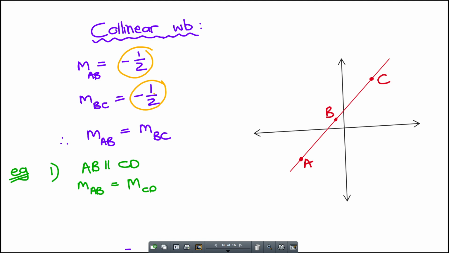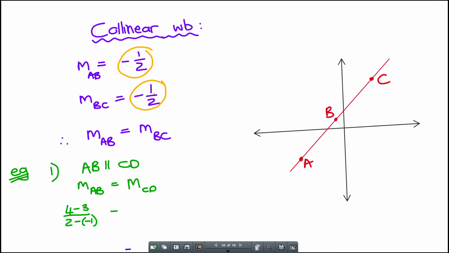Nee. Okay, so nou gaan ek dit gebruik. How would I have worked out the gradient of AB? Jy gaan kyk na A en B se waardes, nee? Ons vat die verskil in Y, met ander woorde 4 minus 3, and then the difference in X, so 2 minus minus 1.